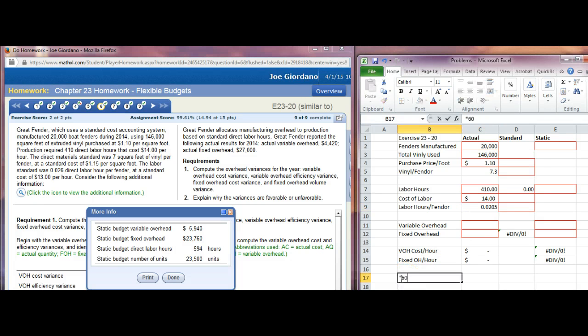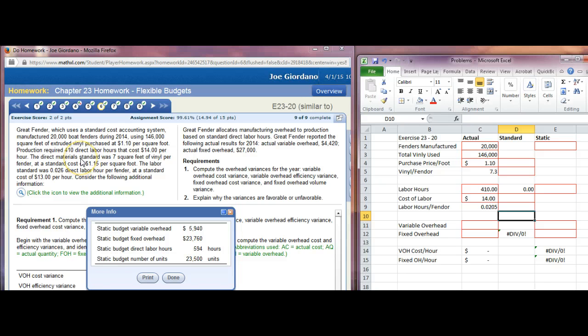Let's equal 60 minutes times 0.02, 1.2 minutes, something like that. Okay, totally beside the point. So anyway, it doesn't take much labor to make a fender. It's all machines. All right, so we got the $14 per hour, the direct material standard.